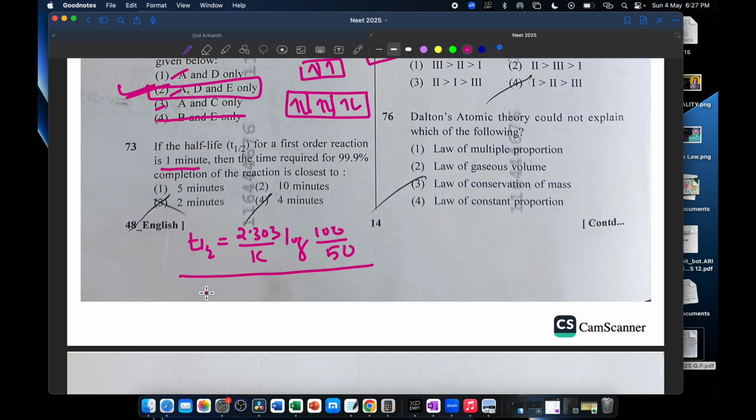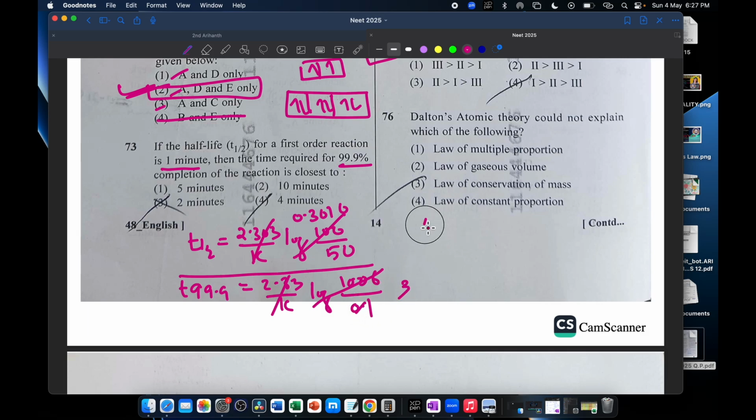Now for T 99.9, it equals 2.303 by K into log 100 by, how much will remain? 0.1 remains. So these cancel. log 2 is 0.3010, and here log 1000 is 3, right?